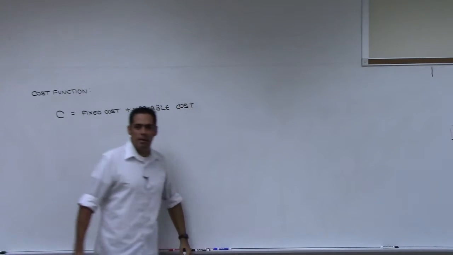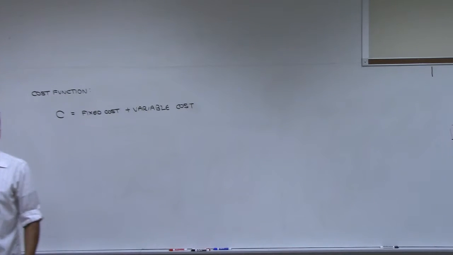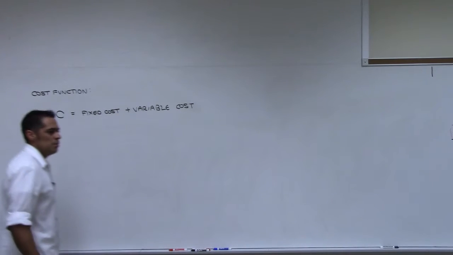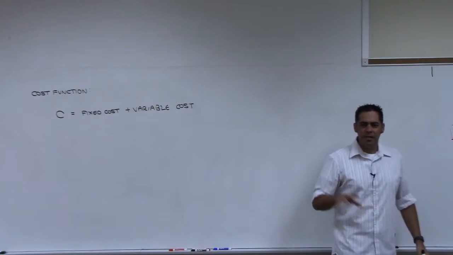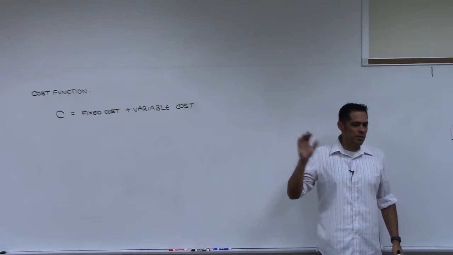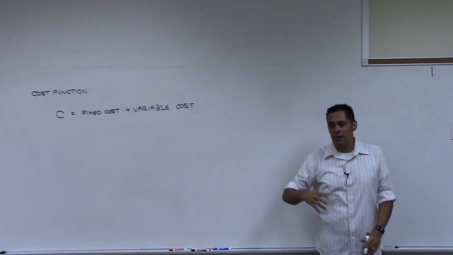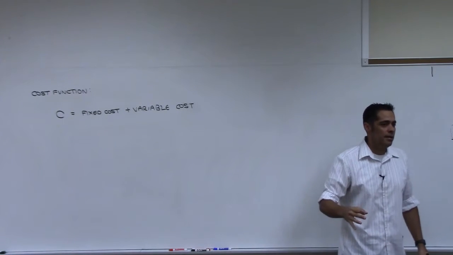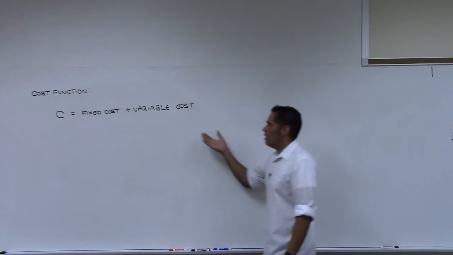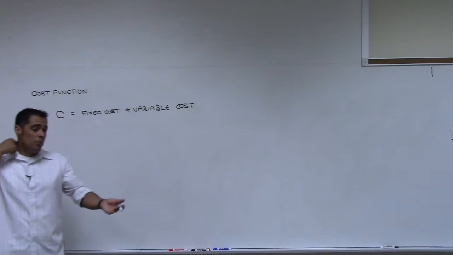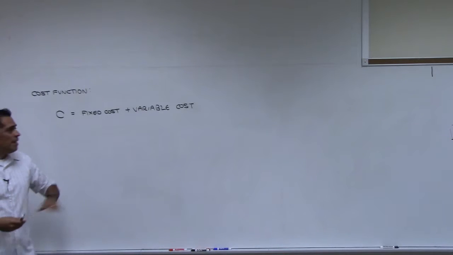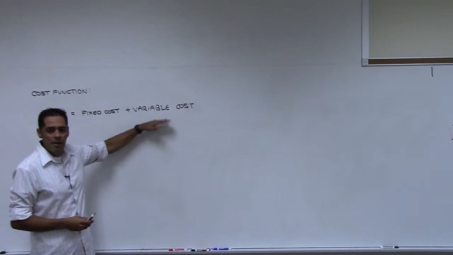That'd be like, you're running your business. You're going to have the fixed costs, which are maybe the cost of electricity or things that are not going to change. Whether or not you produce a single iPhone or not, these things are always going to be there, right? And then the variable costs are things like, if we have 20 people working on a project, that could change depending on how many items we want to produce.